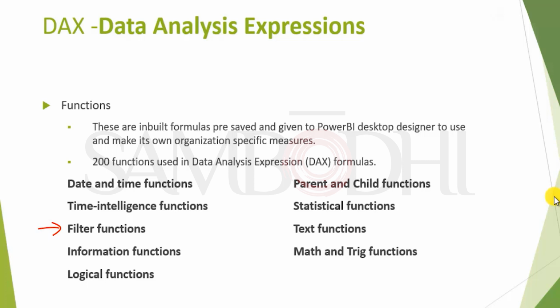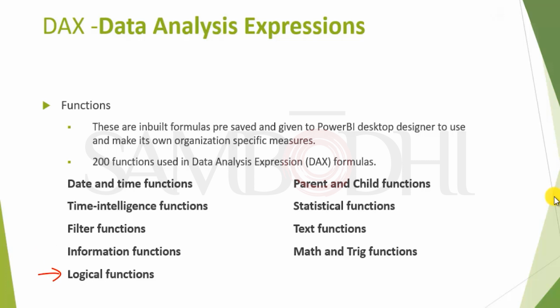In this case, you can make use of a filter function to make your custom measure, which will only consider the sum of the prices which are of type socks and ignore all the other items present. Information functions are like if you want to check, is this true, is this false, is it first, is it last, that kind of a function can be called an information function.